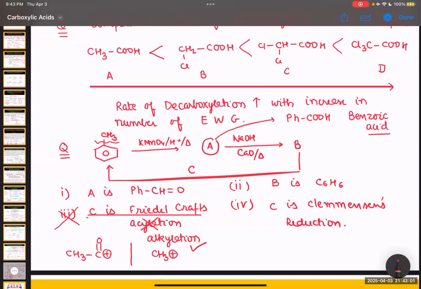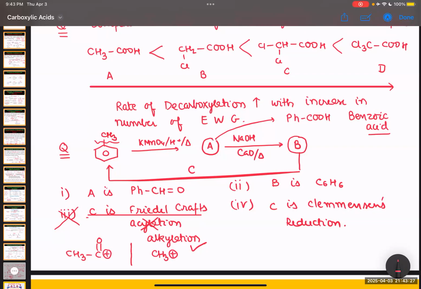Because you are oxidizing, as I told you, the side chain will get completely oxidized to acid. And what is the structure of B? You are treating this benzoic acid with soda lime and heat.